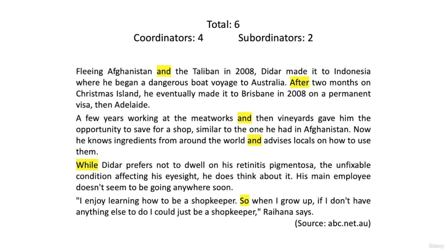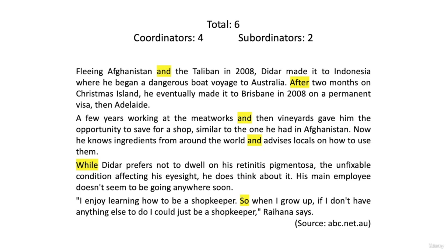Notice how after and while are at the beginning of a sentence. Therefore, we have a comma after the dependent clause. After 2 months on Christmas Island, comma, and while Didar prefers not to dwell on his retinitis pigmentosa, comma.